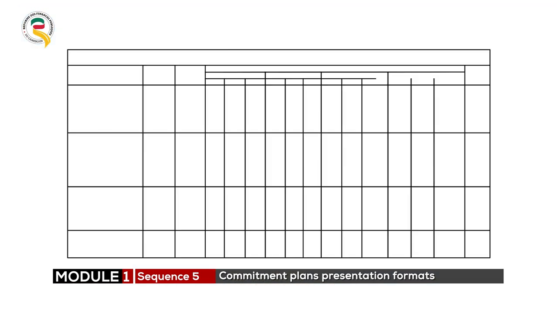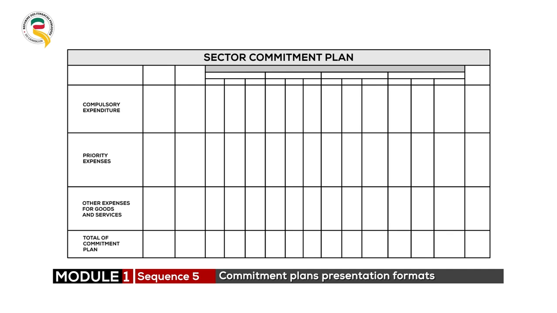The SCP includes, in column, the types of expenditure and programs, the amount of appropriation voted, the amount of appropriation available, the monthly schedule of commitments and liquidations, ordering, and the total. In rows, the various types of expenditure classified by major category.